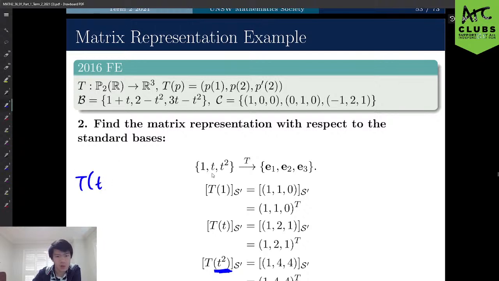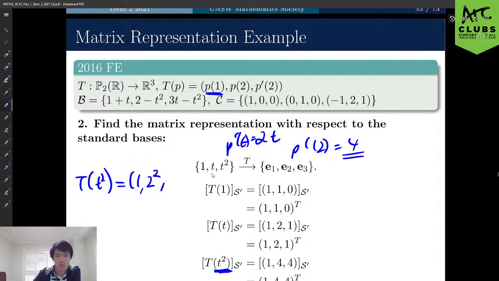It's going to be t of t squared. That's going to be equal to the value of the map at 1, so 1, then 2 squared, then the derivative, which is going to be 2t. And we evaluate that at 2, so p prime 2 is going to be 4. And so we'll get 4.